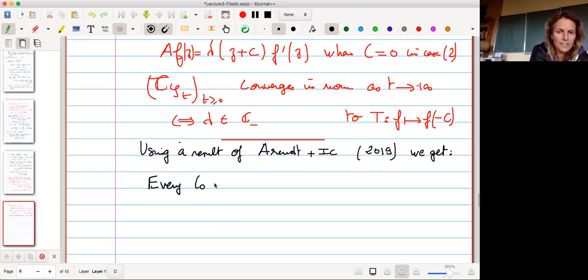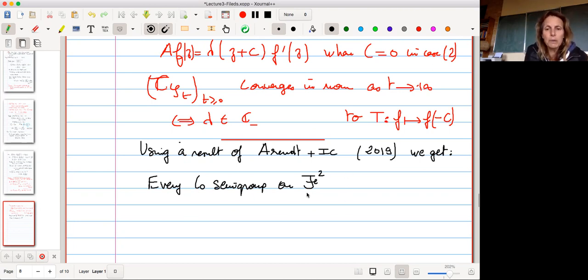What we get is that every C0 semigroup, well, I just restrict myself to the Fock space F2, which is a Hilbert space.